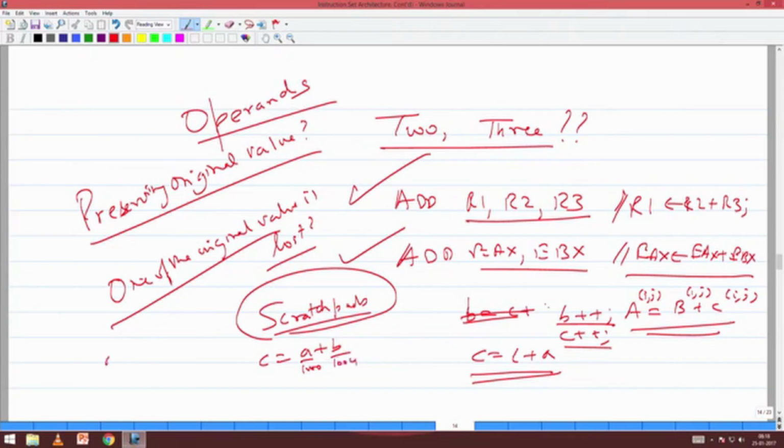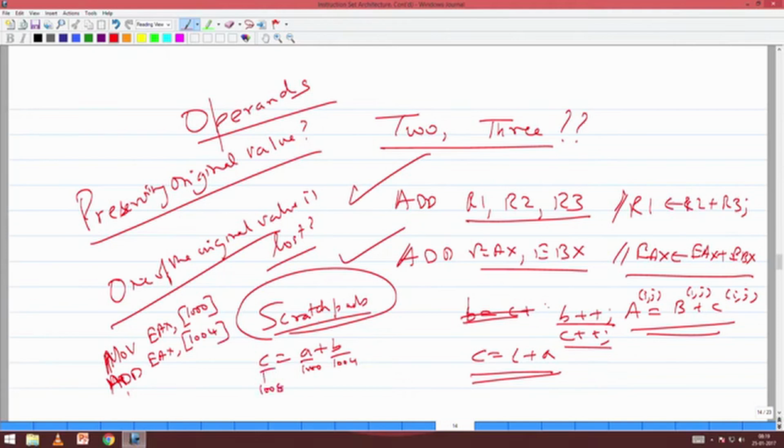I will just move 1000 into EAX, and then I can say add EAX with 1004, and let the result be 1008.